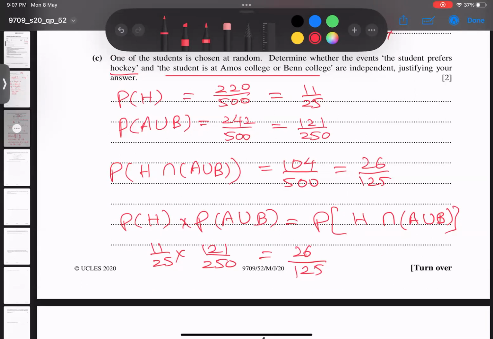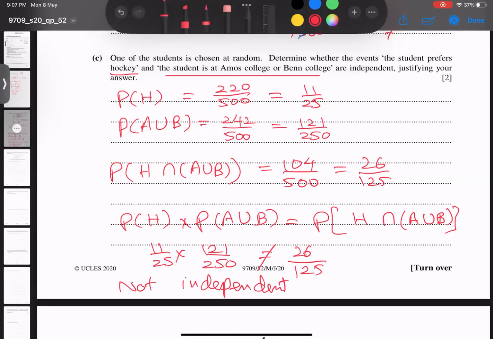If I type it in the calculator, students, both sides are not equal to each other. So it means they are not independent. If you type it in the calculator, you will not get a match. I hope the concept is very clear.